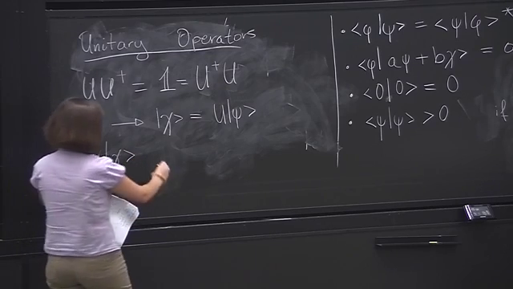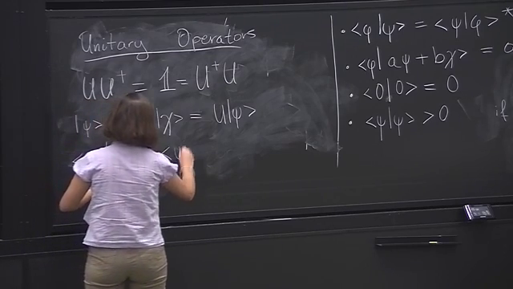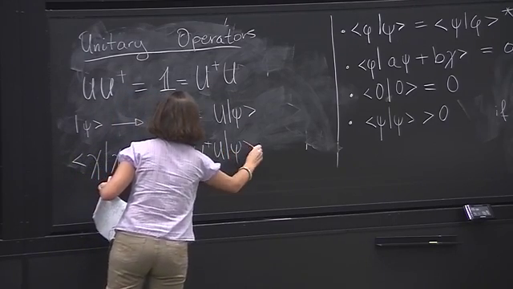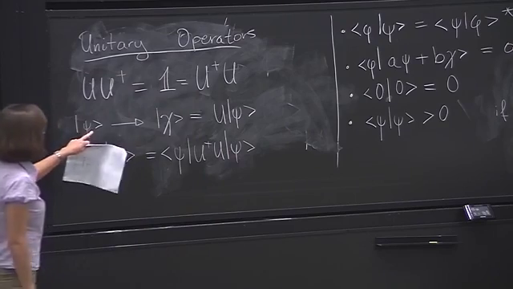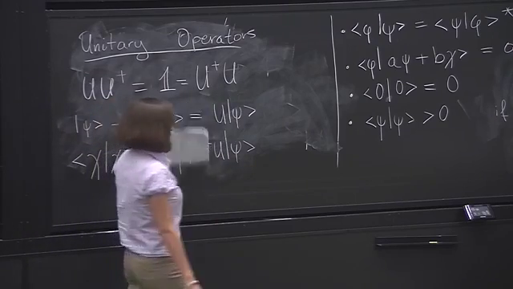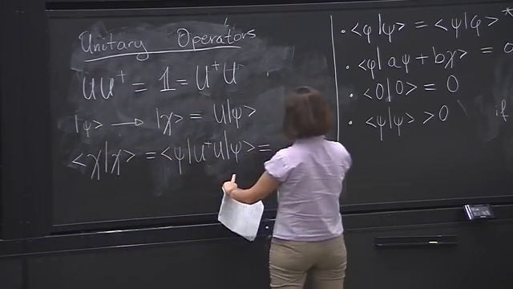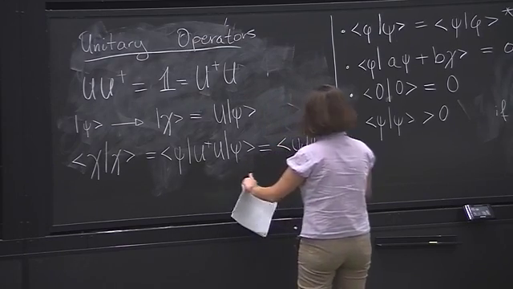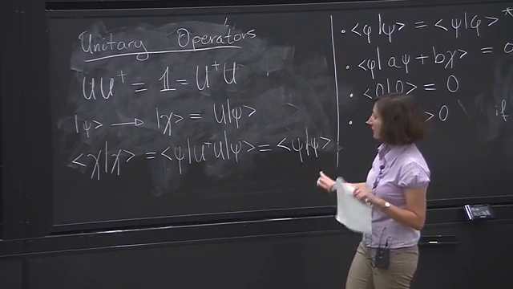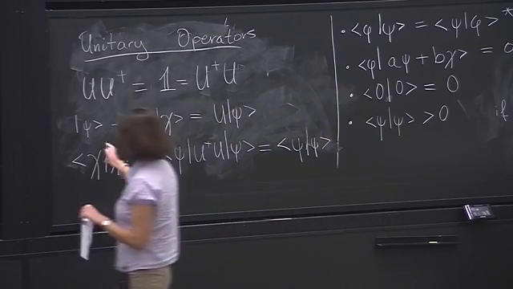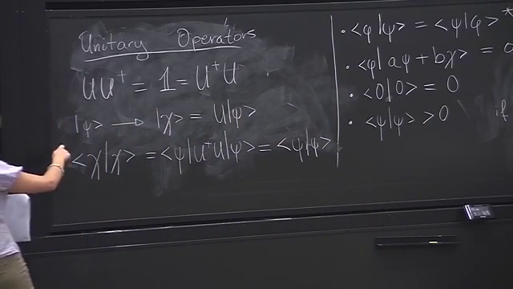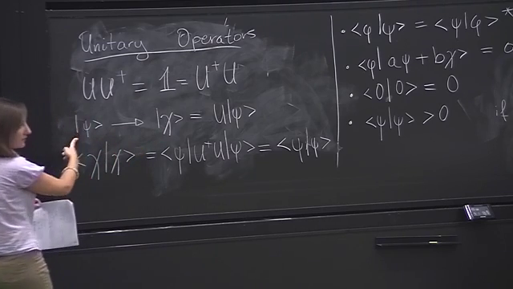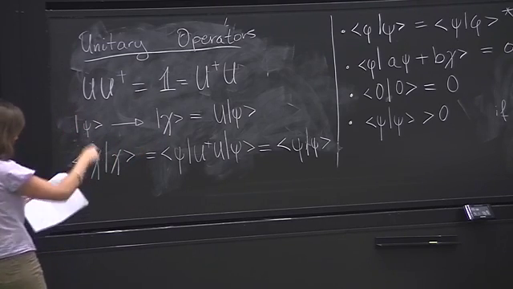Chi scalar product with chi gives us psi u dagger u psi. And if u dagger u is equal to the unity operator, this is just psi psi. So the probability of finding our system in the state chi is exactly the same as finding it in the state psi.